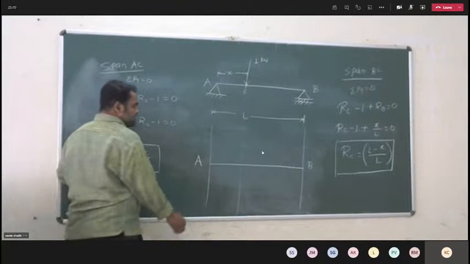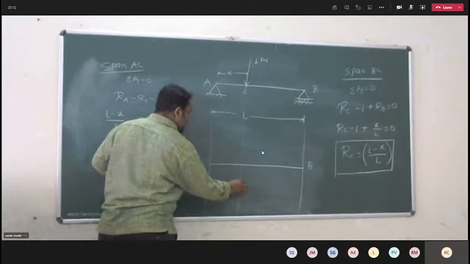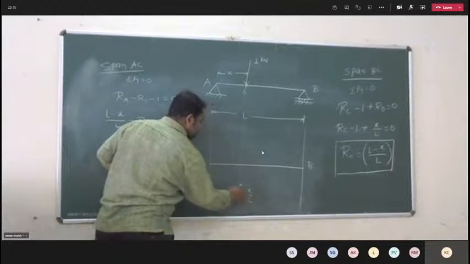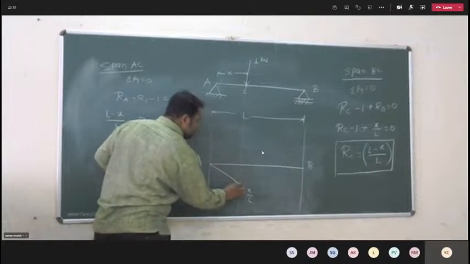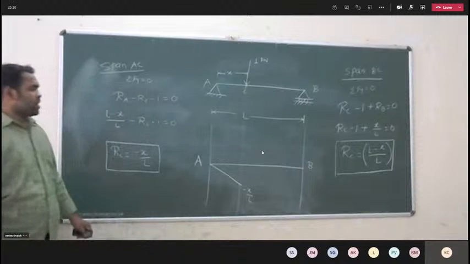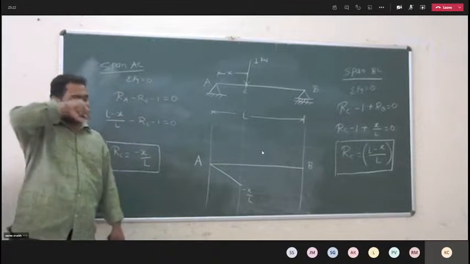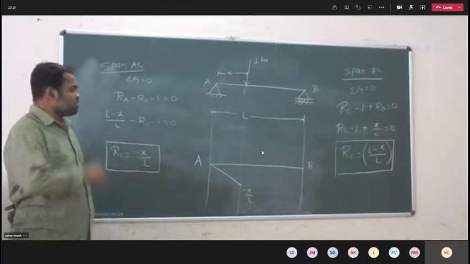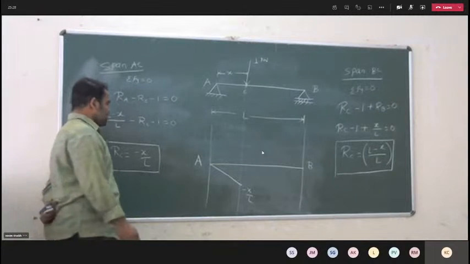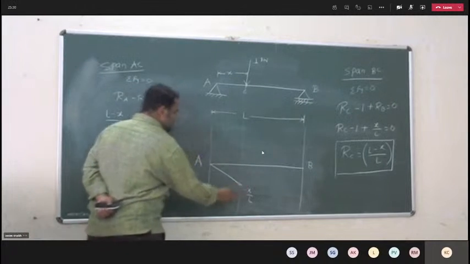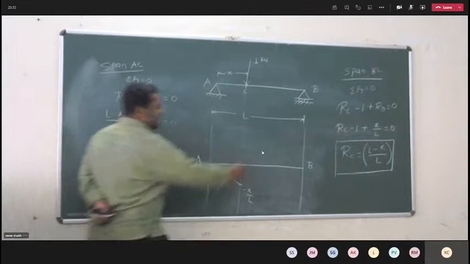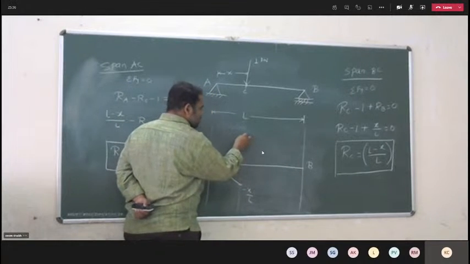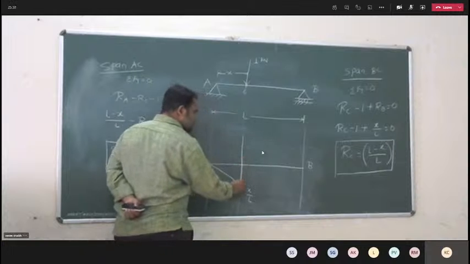For AC, the value of RC is minus x by L, therefore it is downward. So draw the line as I told you in the last lecture. For a statically determinate structure, the influence line is always straight. So it is minus x by L downward, and for the right side RC is equal to (L minus x) by L, that is positive, so it is upward.